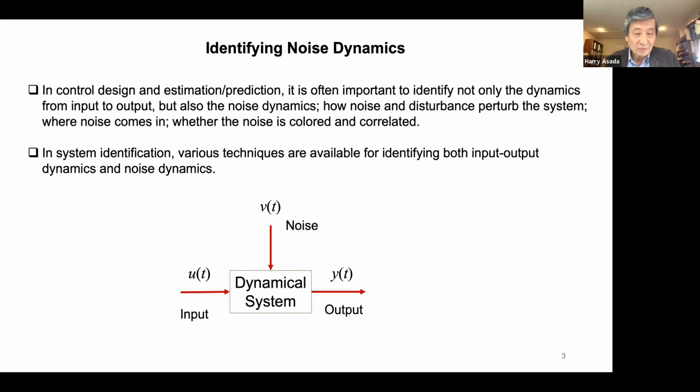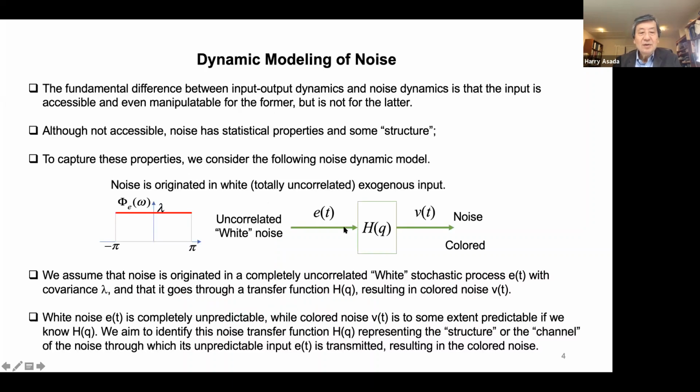So these are things that we need to know. So we broaden the scope of the identification work to characterize the noise dynamics, noise properties. Various techniques have been developed for identifying both the forward path input-to-output dynamics and the noise dynamics, as shown here.